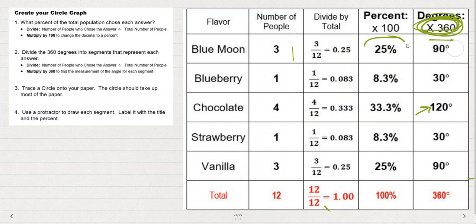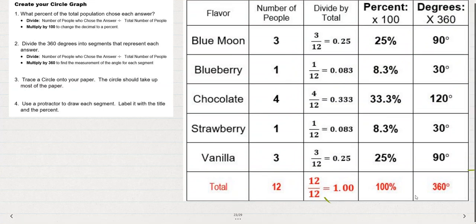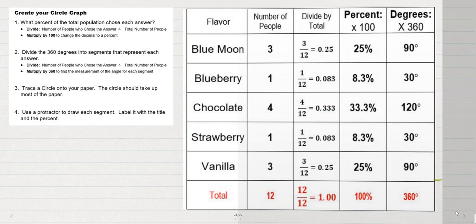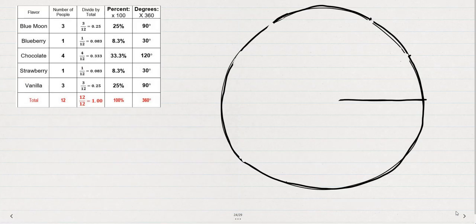That's the chart. Let's take the chart and now move on to the circle. To get the circle, I've traced a circle here, and I've started with my center point. So if I locate the center of my circle and I draw the first radius out, I'm going to now use the protractor.